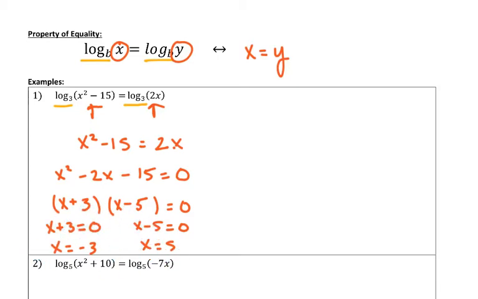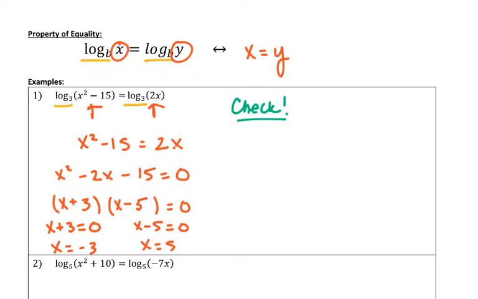Now, this is the part that a lot of people tend to forget, and it is to check your answers. And you have to do it. If you don't, you might have an extraneous solution that you don't notice is an extraneous solution. And what's an extraneous solution?